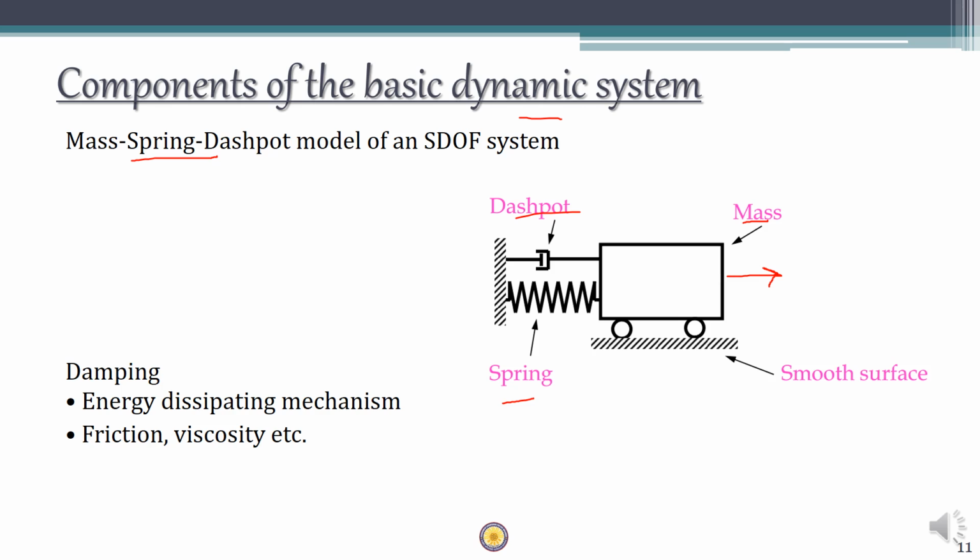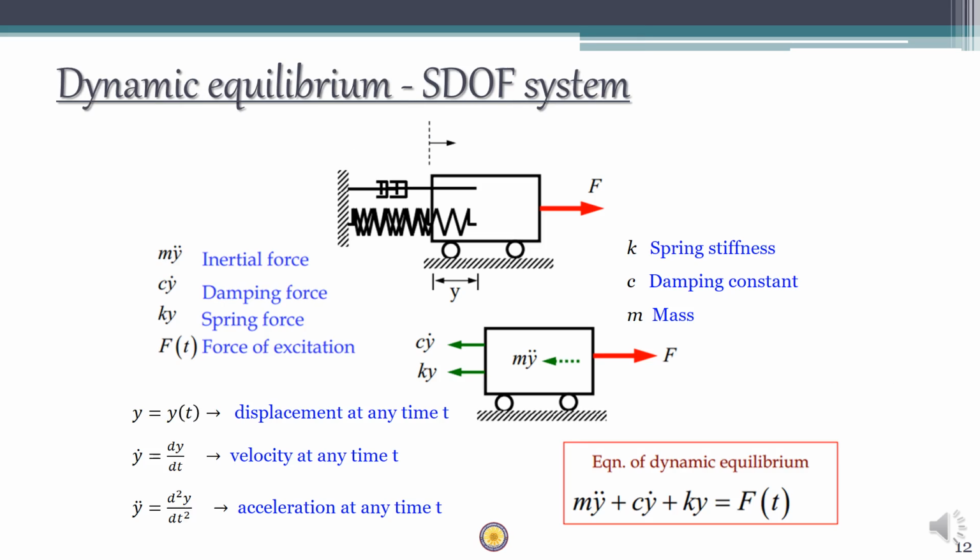There will be a mass rolling over a smooth surface, connected to a spring as well as a dashpot. Both the spring and dashpot offer a restoring kind of force. Let's assume that the system was displaced by an amount y towards the right, which means the spring extends.